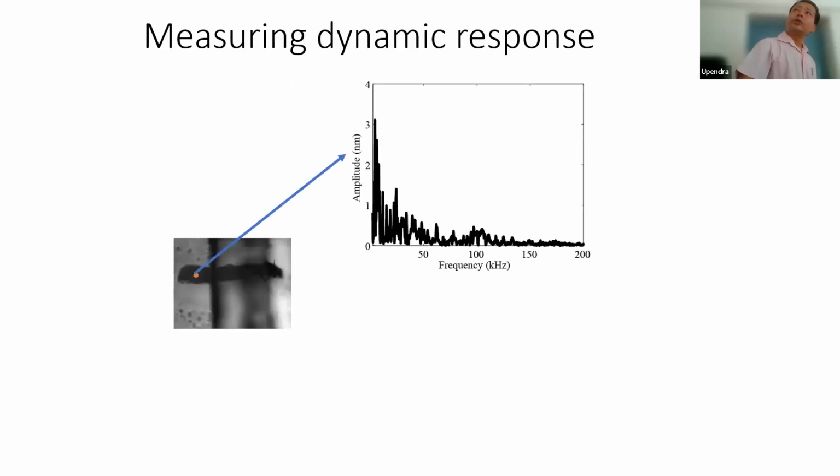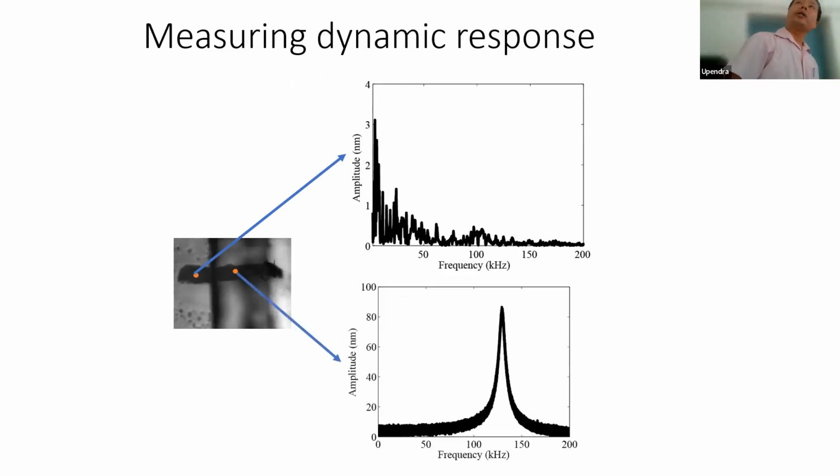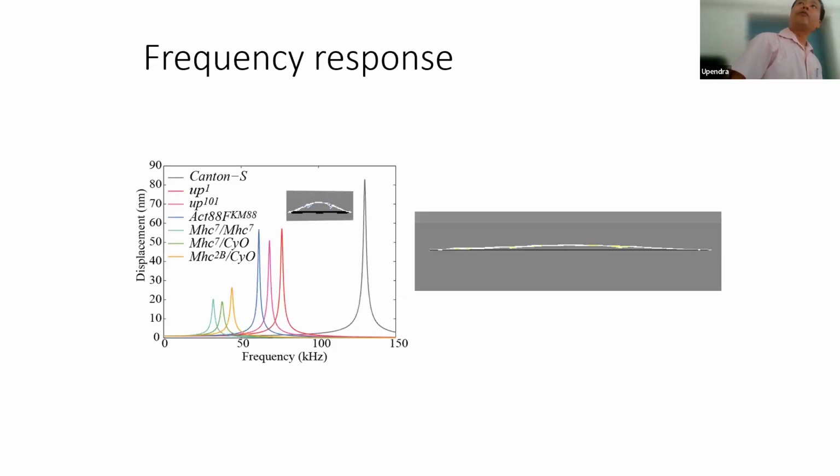Wherever there is a vibration, it generates a vibration frequency, just like thin or thick paper will generate different vibrations. That is what we looked at. By looking at this vibration signature, we can figure out whether the individual is suffering from cardiomyopathy, nemaline myopathy or not. So it's a simple thing.